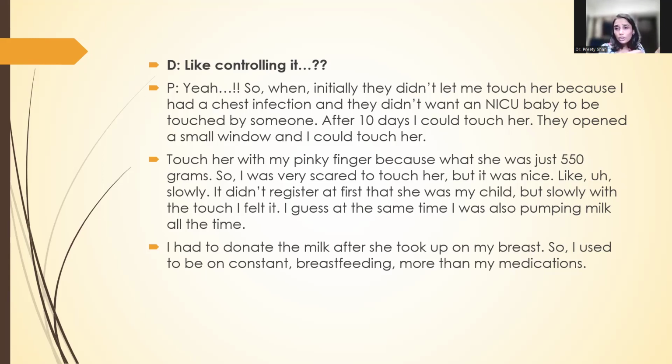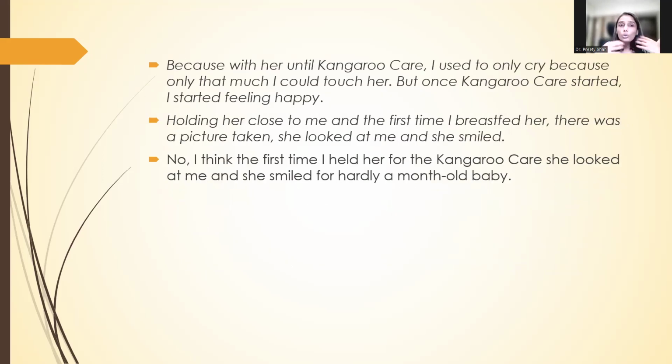And then I had to pump milk. She was not able to take milk, and we had to store milk. So then the whole grueling process of taking care of the child, the extended womb outside of my body. I had to keep her close with me all the time.